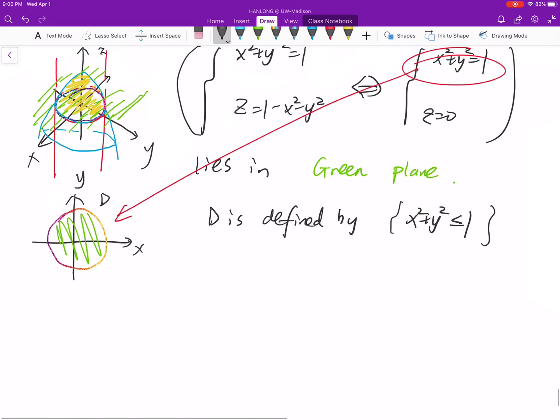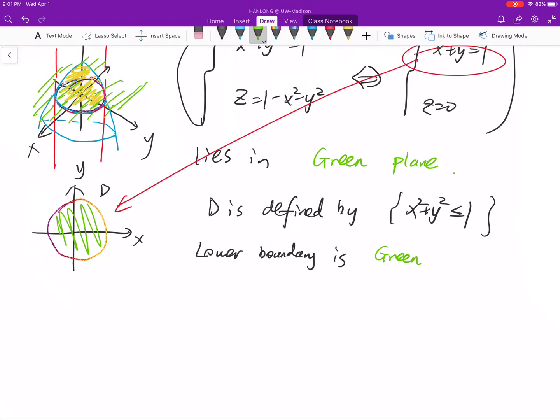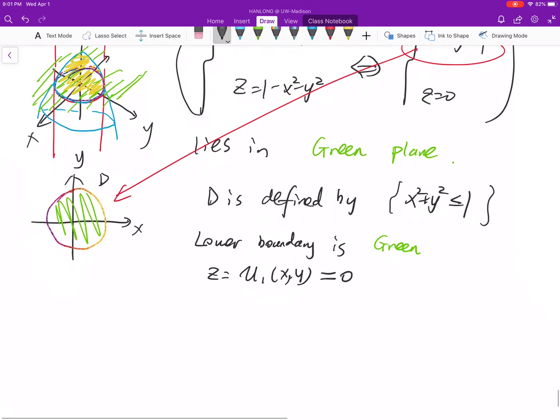And then what is the region? Now you see you have two boundaries for the solid if you view it as a type 1 domain. So the lower boundary is the green part, and therefore z equals u1(x,y), which is 0.